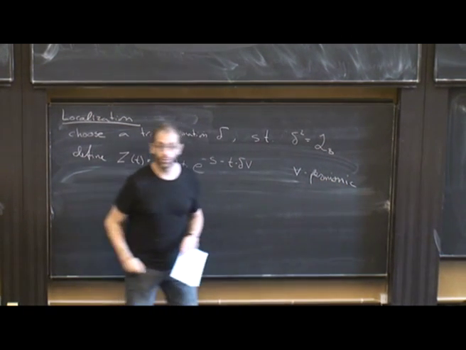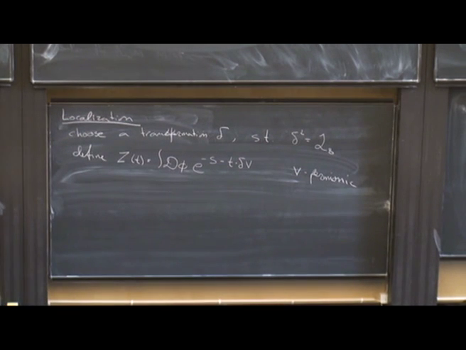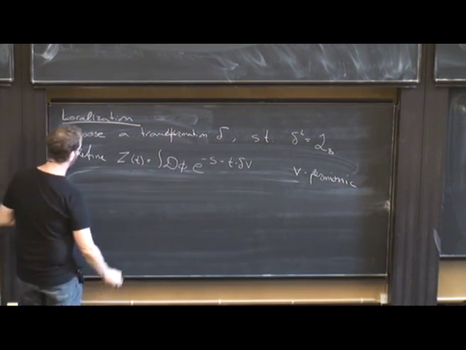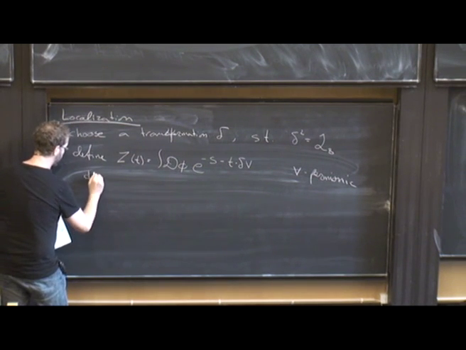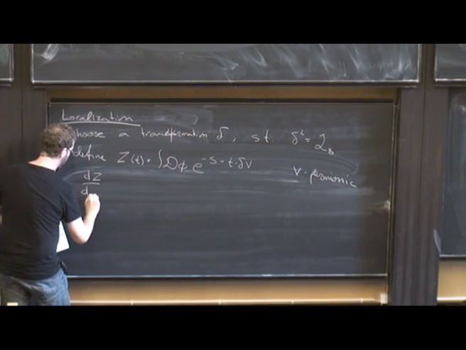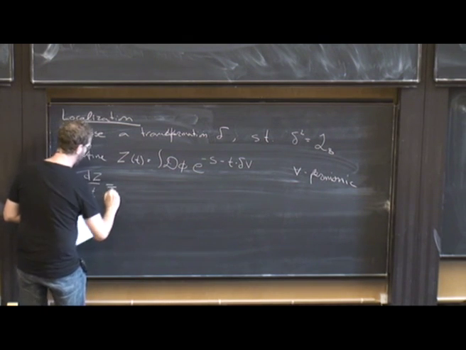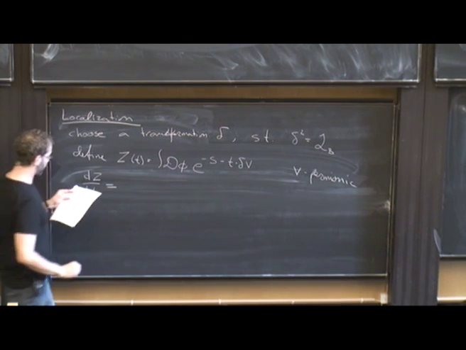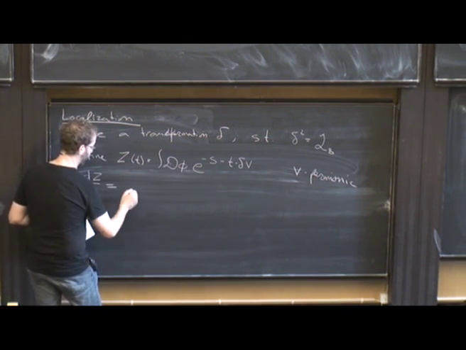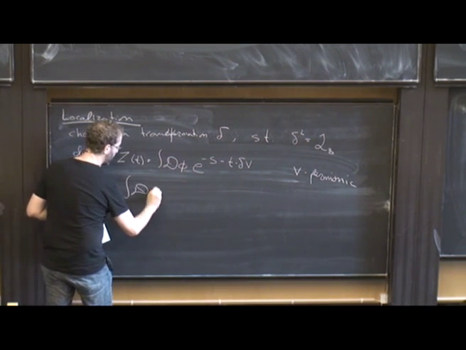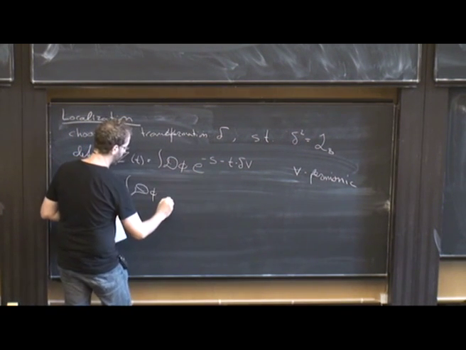So far I haven't told you what it is. It's up to me to choose it. So now we can calculate the derivative of Z with respect to t. This will just break down to a delta V.